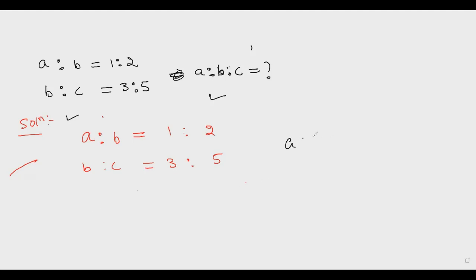Okay, what we have to do is that A, B, and C. First, do like this: multiply this and this, 1 and 3. So it will be how much? 3. Then cross multiply this. 3 with 2, so that will be 6. And lastly, multiply 2 and 5.